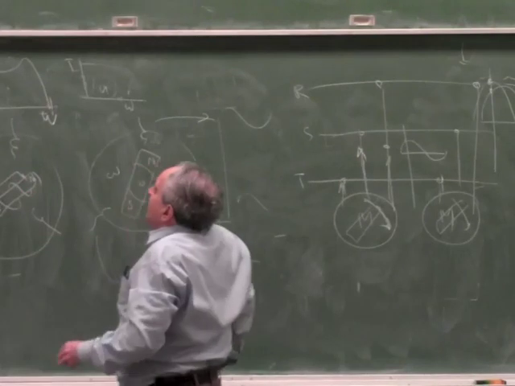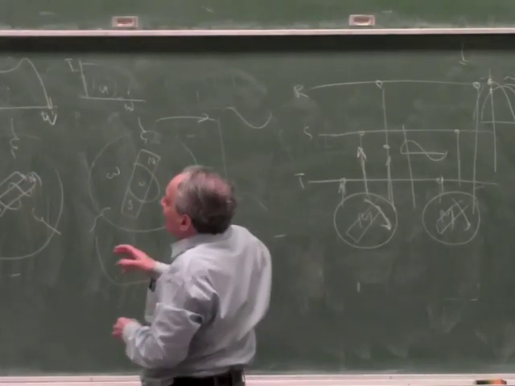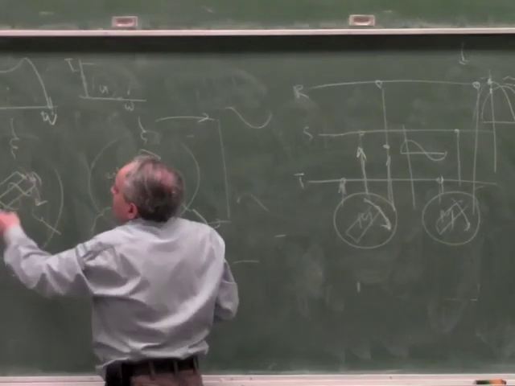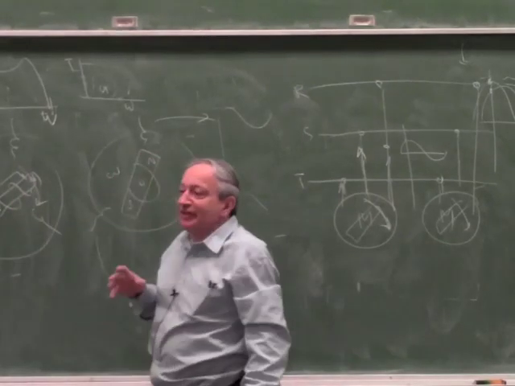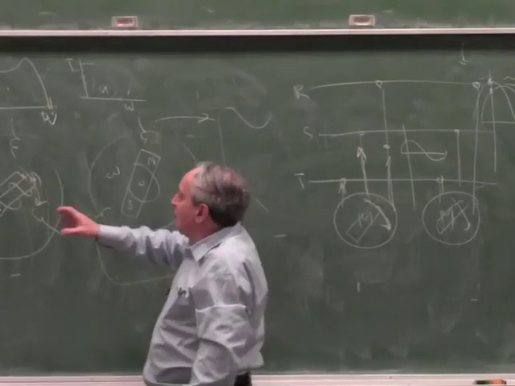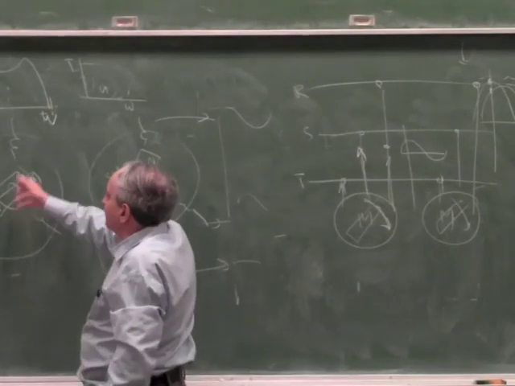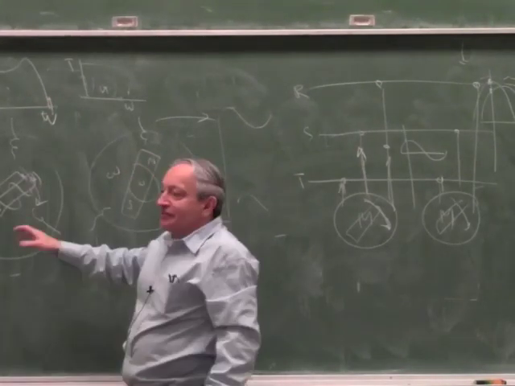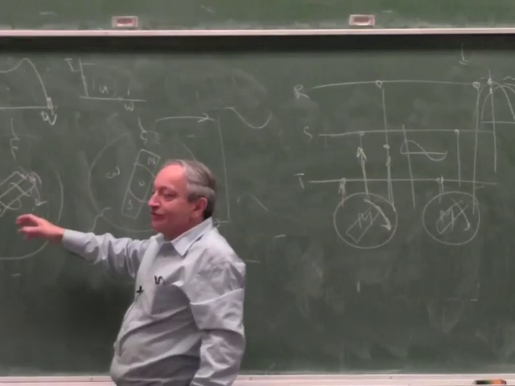Now, what happens if you take this armature and you force it to go faster? In other words, you reverse the slip. If you force this to go at the synchronous speed, then no power will be transferred, because it doesn't work as a transformer.